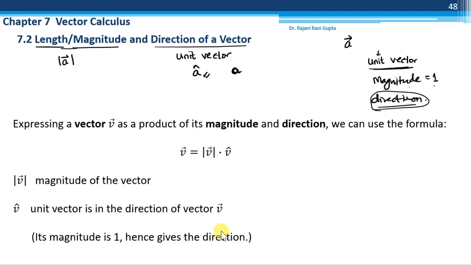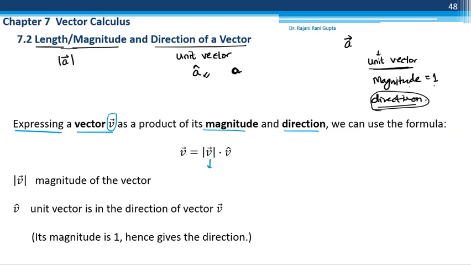Now, where will we use this concept? We will use this concept whenever you have to express a vector as a product of its magnitude and direction. Then how do you express it? You can write your vector as the product of the magnitude and direction. Direction is nothing but the unit vector. So your given vector is V bar. Multiply its magnitude and the unit vector.